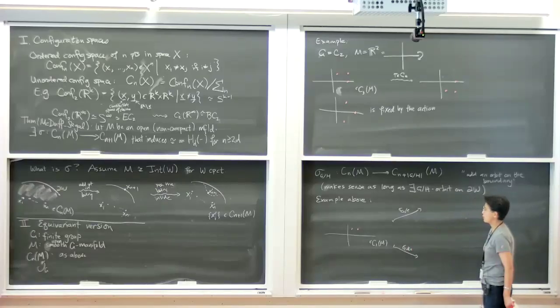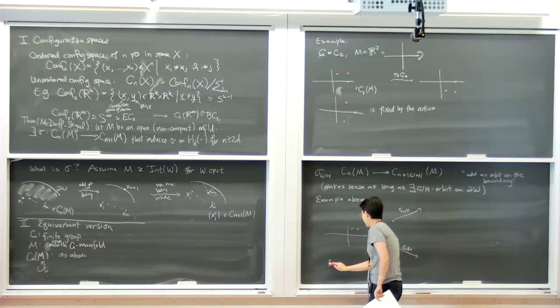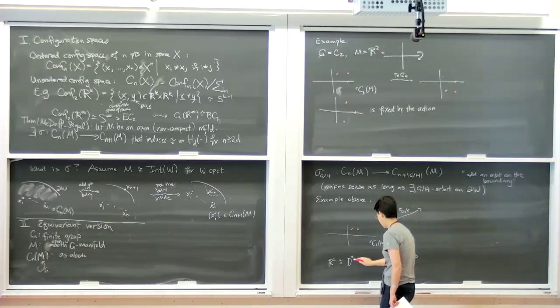If you're wondering where the boundary is, my R2 with the sign action, or the 1 plus sign action, is homeomorphic to D2, or rather the interior of D2.